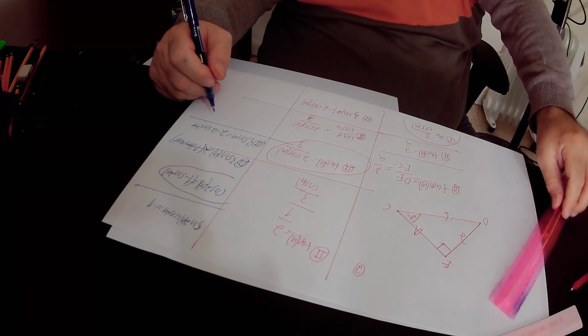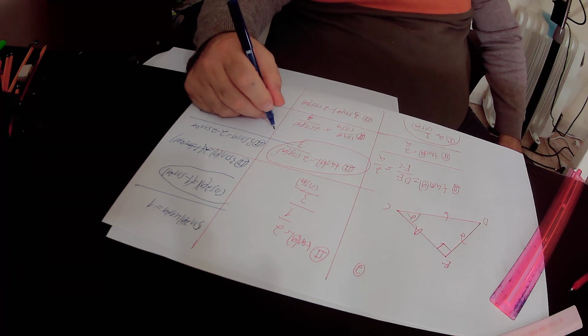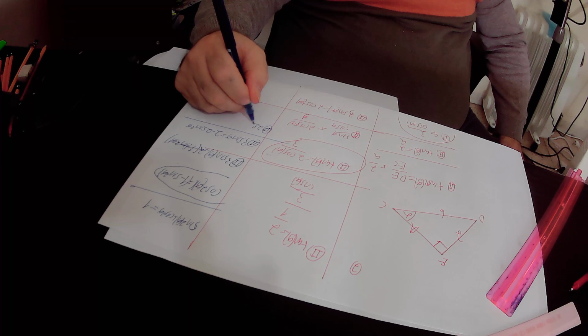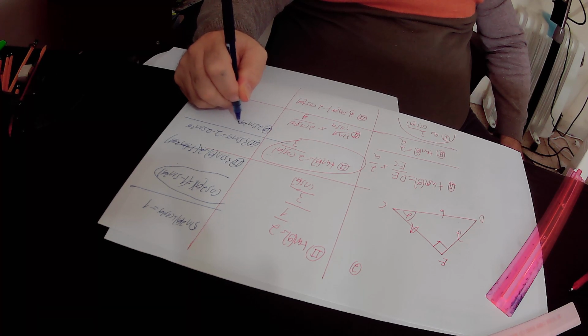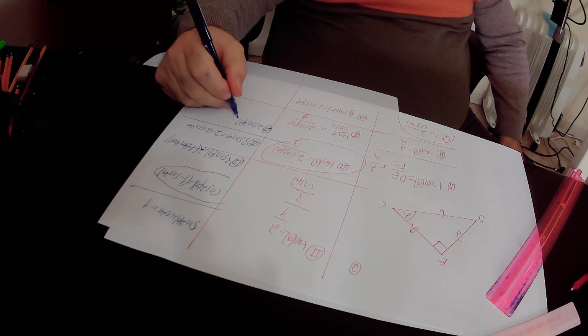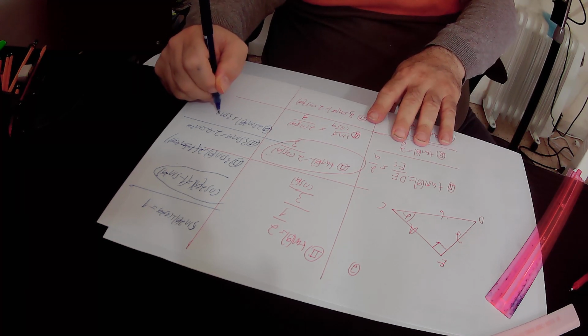We'll add 2 sine square alpha to this equation, and we get that according to equation number 2, 2 sine square alpha plus 3 sine alpha equals 2.